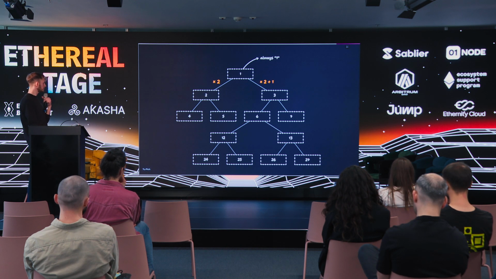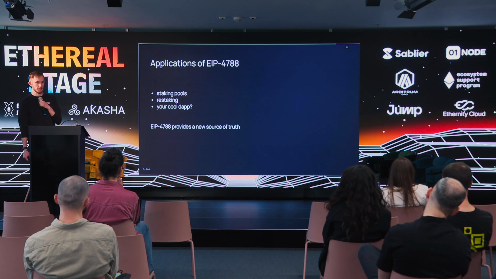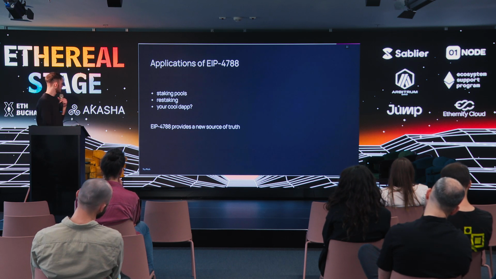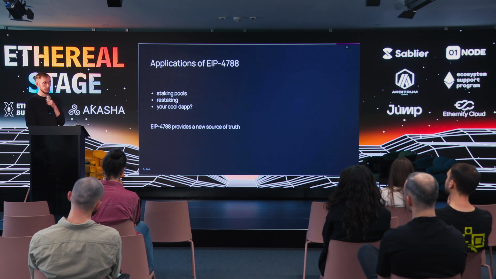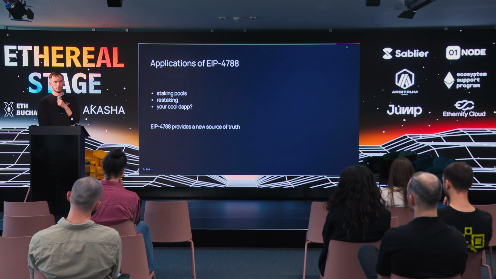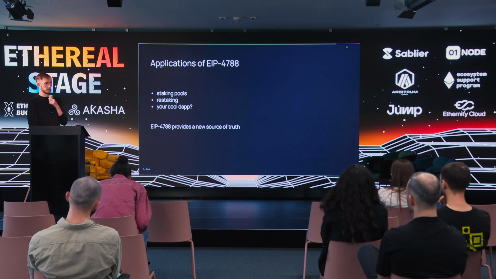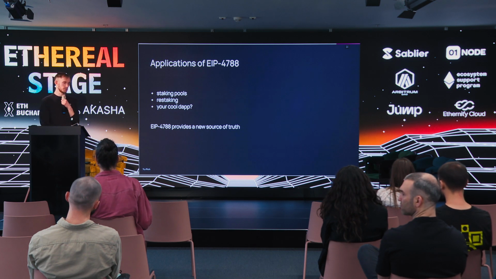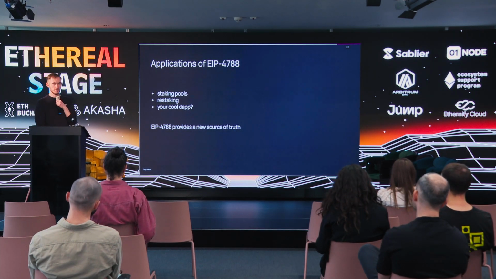But okay, let's take a little break from this and think about applications of this EIP. The first is a staking pool. With this EIP we can bring in a permissionless manner information about a validator on the consensus layer. It is the balance, its withdrawal credentials, whether it is slashed or not, and so on. This is also useful for staking, because we can do pretty much the same thing.